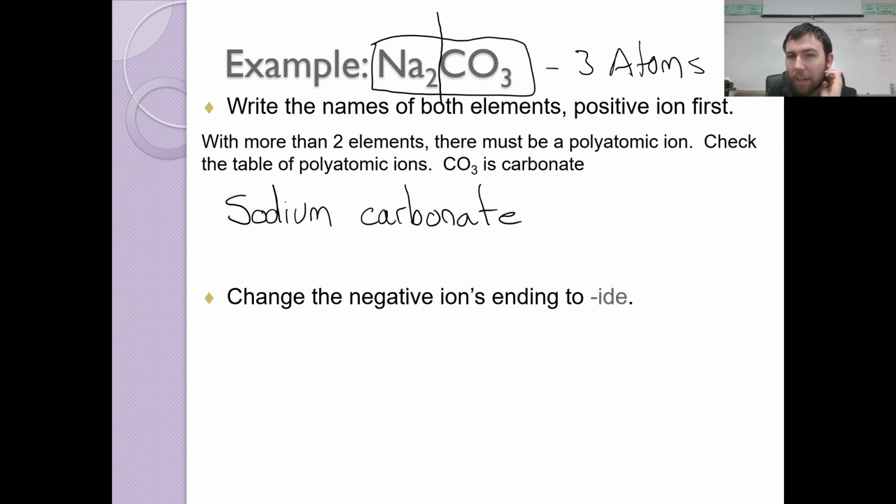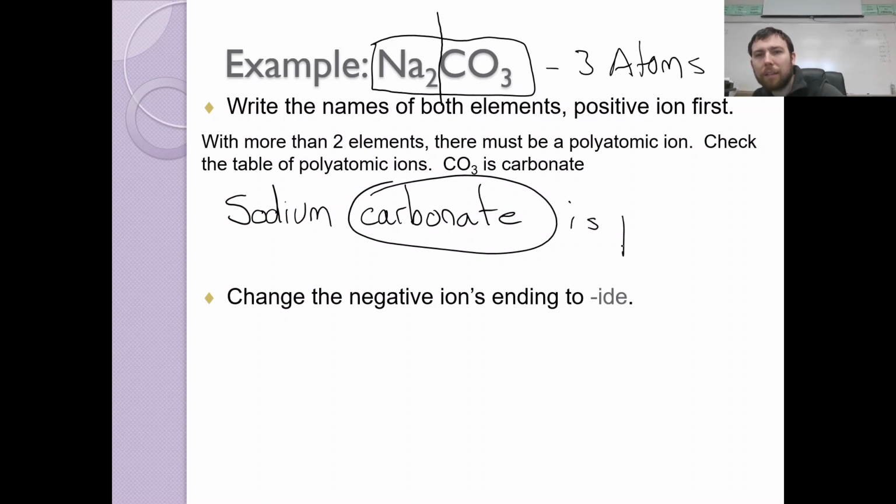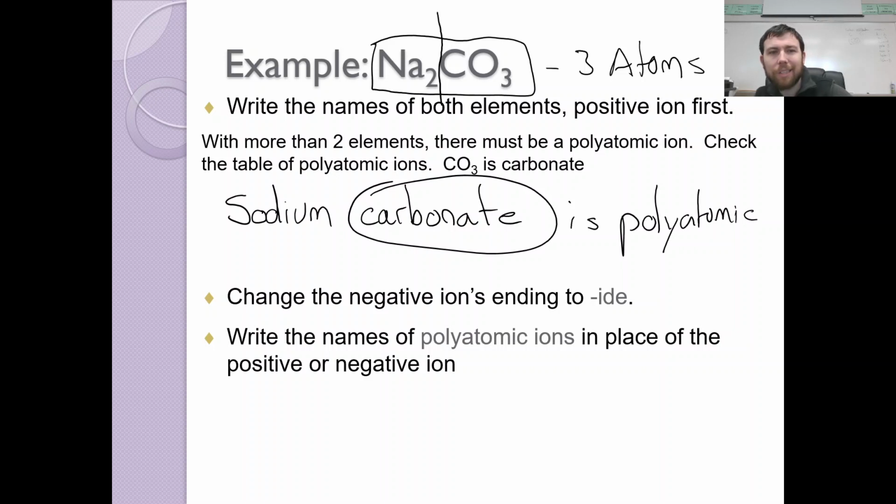Now it says change the negative ion's ending to IDE. This is where we have to make a distinction. Since this is a polyatomic ion, since the negative ion carbonate is polyatomic, we're actually going to skip step number 2 because we're dealing with a polyatomic.